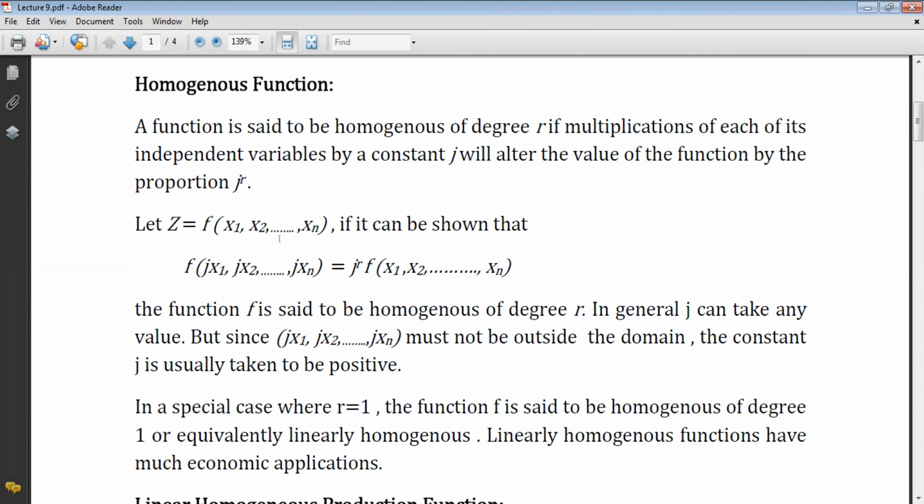So if we multiply these independent variables with a constant j, and it alters the value of the function by the proportion j to the power r, then this function is said to be homogeneous of degree r. And if the value of r is 1, in that situation it is called a linearly homogeneous function.